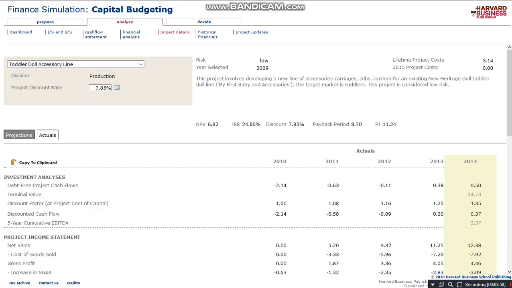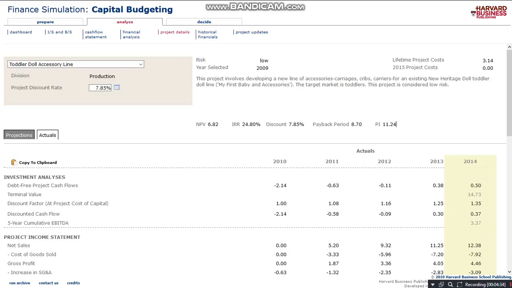So if I have to choose between projects, because I have a limited budget, I would look at which one has the highest NPV and highest rate of return, and sometimes the high PI as well, because those are the index numbers that will return the future value considering current value.